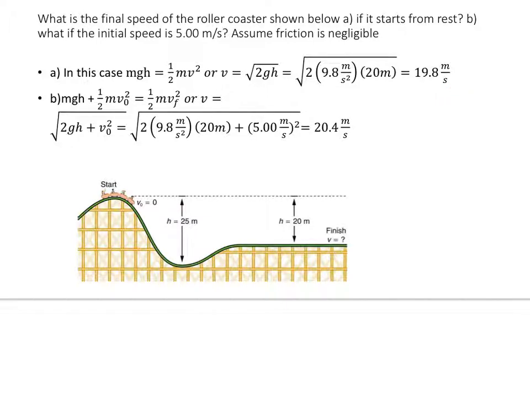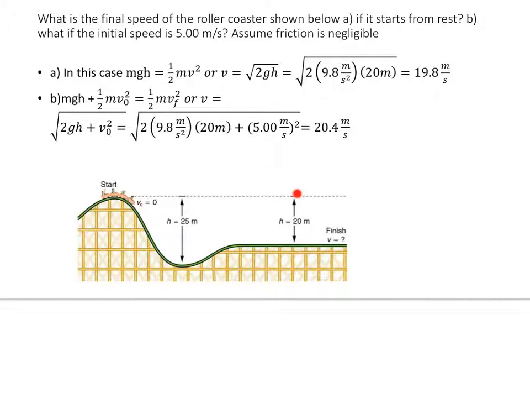Okay, now in the second case, it has some kinetic energy to begin with. So therefore, we can say that the potential energy that it has up here, plus the kinetic energy that it has, is going to be equal to the final kinetic energy.